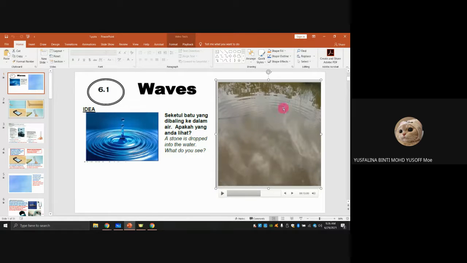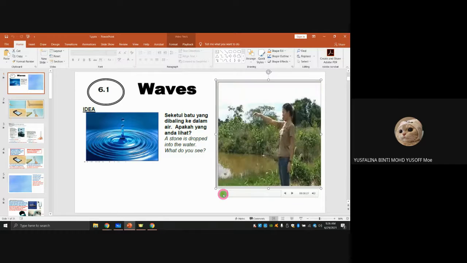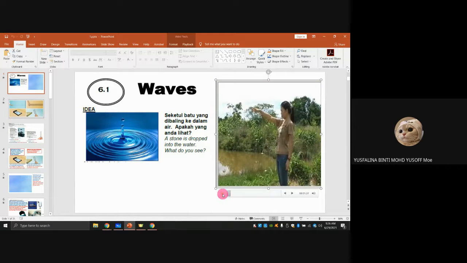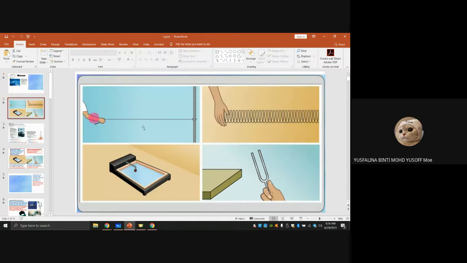A wave that spreads outward. So it's spread outward. Wave that move outward from the center. So that one is the water wave. Okay, so this is the example of wave.